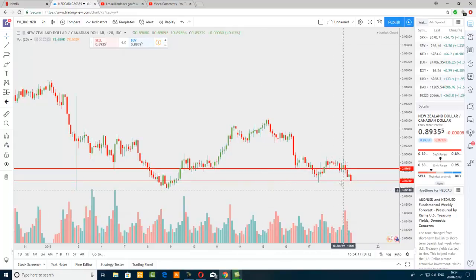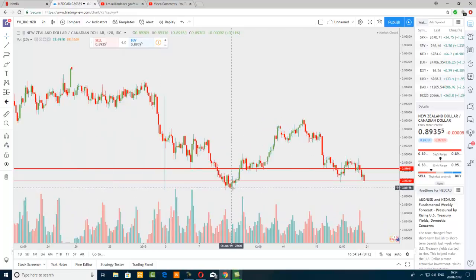So here we are. Okay, so on the 2-hour time frame, you see there's a support here. There's this support here. That support is a little bit below that.